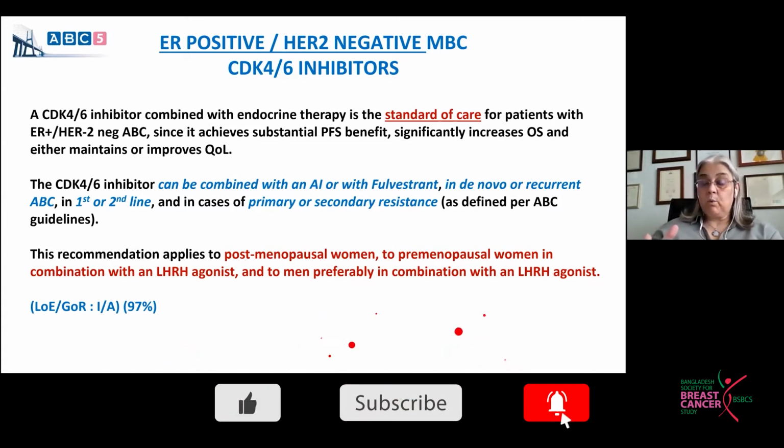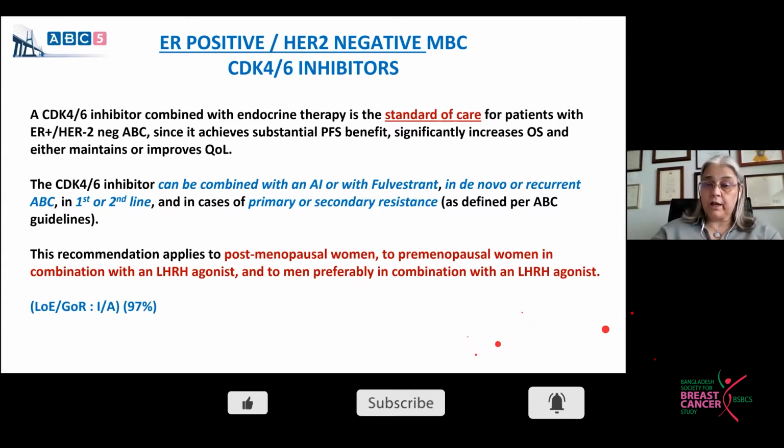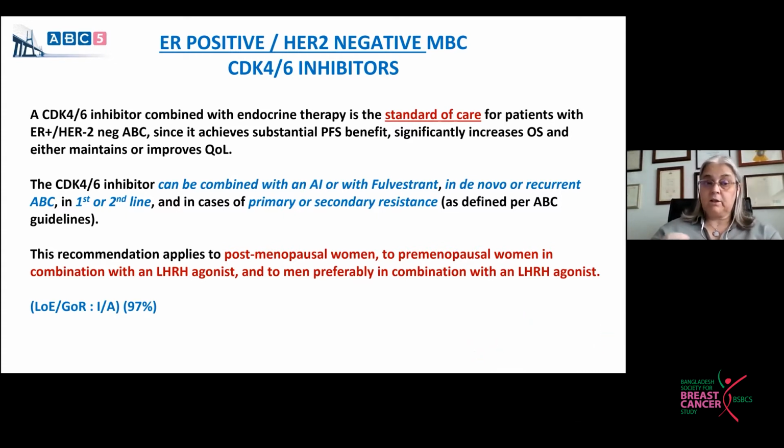We can use it in de novo or recurrent advanced breast cancer, in first line or second line, for primary or secondary resistance. We can also combine with tamoxifen. The only exception is ribociclib, which you cannot combine with tamoxifen because there is an interaction and there is an increase in prolongation of QTc, so a cardiac side effect.